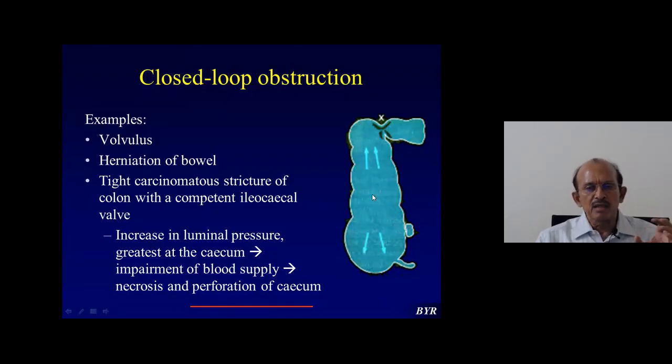Because of that, the cecum distends enormously, and there will be development of ischemic patches over the cecum. So the cecum distends in the beginning, distends to the greatest, and develops gangrene earliest.